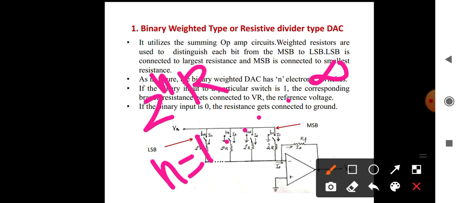So if it is a 4 bit, n will be up to 4: 1, 2, 3, 4. If it is an 8 bit, n will be up to 8: 1, 2, 3, 4, 5, 6, 7, 8.